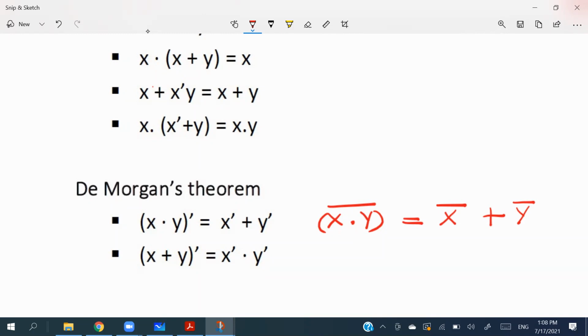So that big bar is separated, or decomposed, into these small bars, and then the dot is converted into a plus. And in a similar way, x plus y total bar is changed to x bar dot y bar. Is that clear, people?